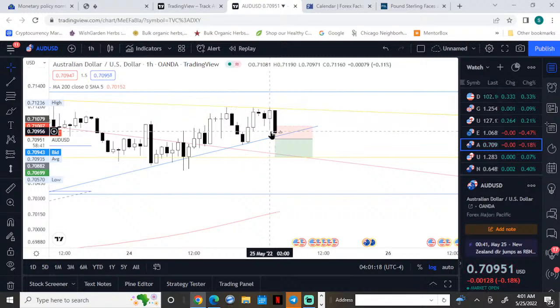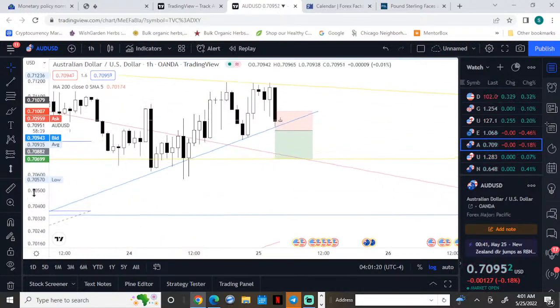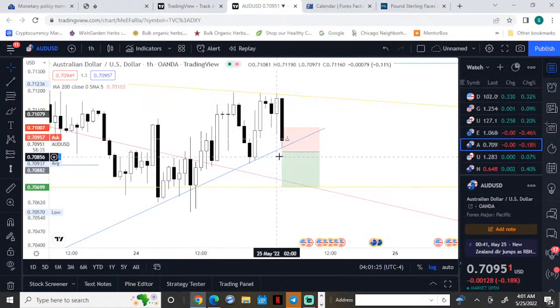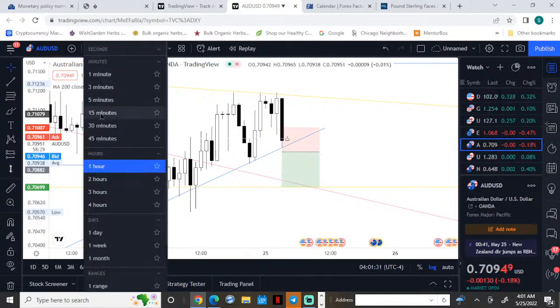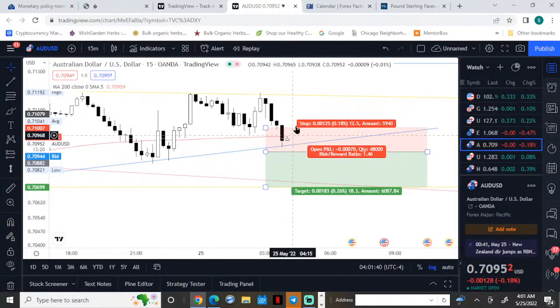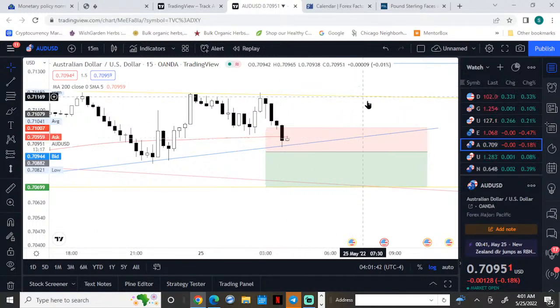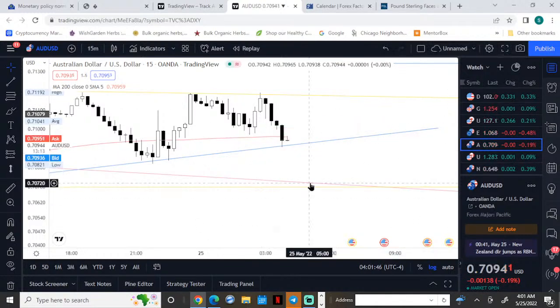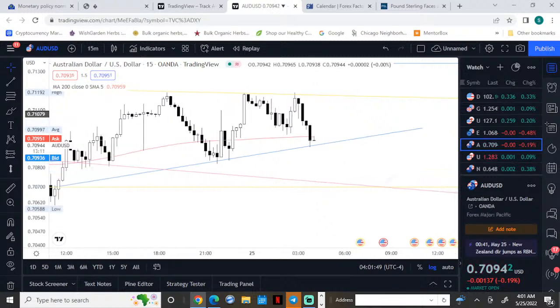We got this nice engulfing candle, but it did not close below. It didn't. Price could start to consolidate and play in this area. Sure could.